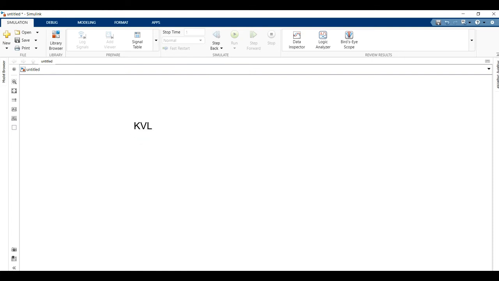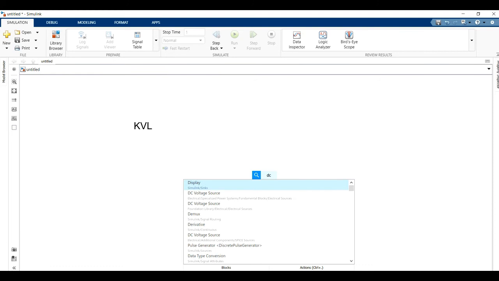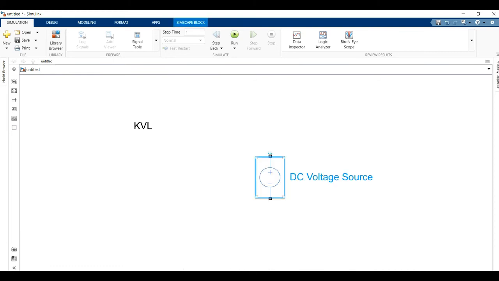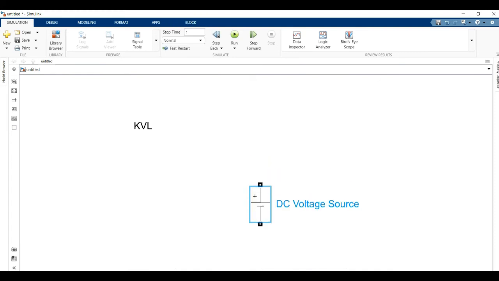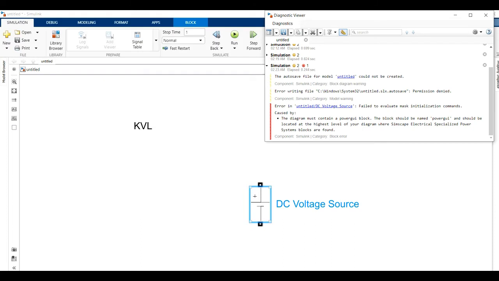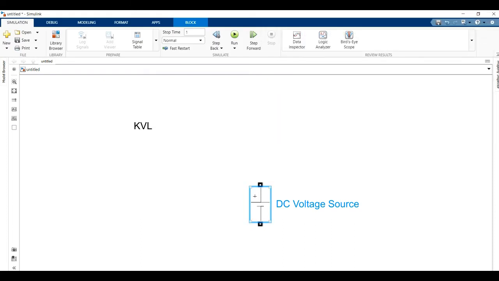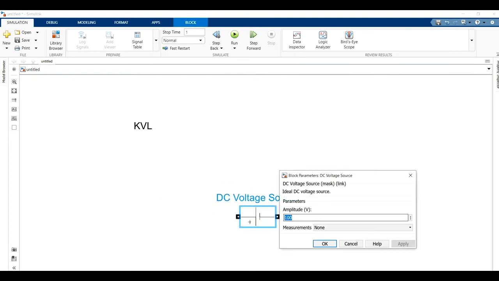In order to implement this KVL, we need a DC voltage source. Take an appropriate DC voltage source from the MATLAB Simulink library, check the polarity, double click on it and keep the value 90 volts. Apply, OK.